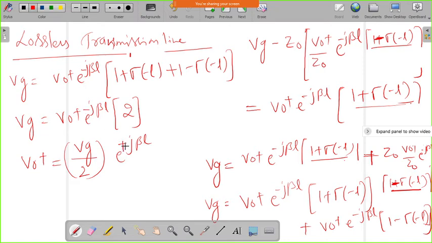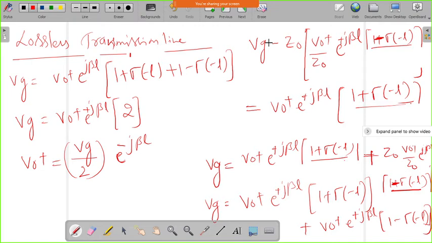So this is what I am going to get. Sorry, here it is plus, because in the V of x equation, with e power minus gamma x, it is plus in all the cases, and here it will become minus e power plus j beta L, and finally we will get minus j.